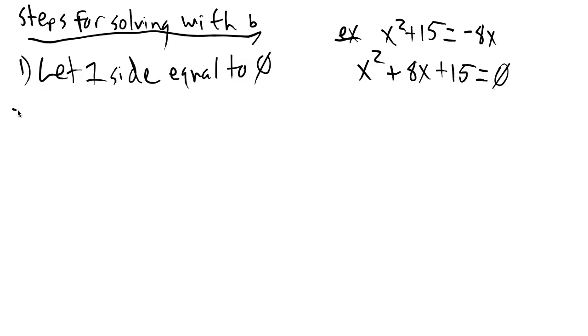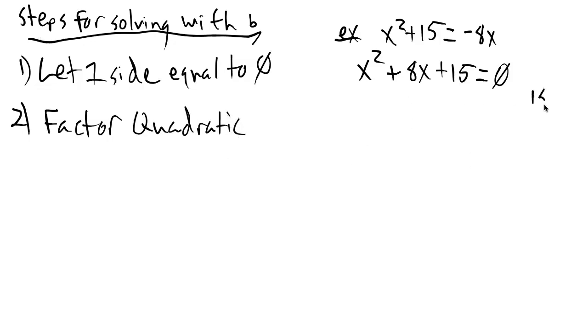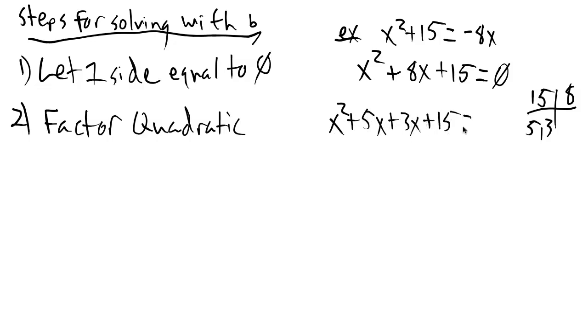Step 2 is going to be factor your quadratic. So a times c, 1 times 15, we're looking for factors of 15 that add up to 8. We find that that's 5 and 3. So we're going to factor this. We get x squared plus 5x plus 3x plus 15 is equal to 0.